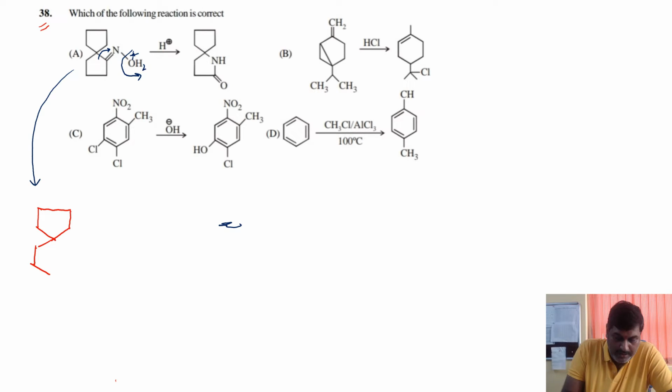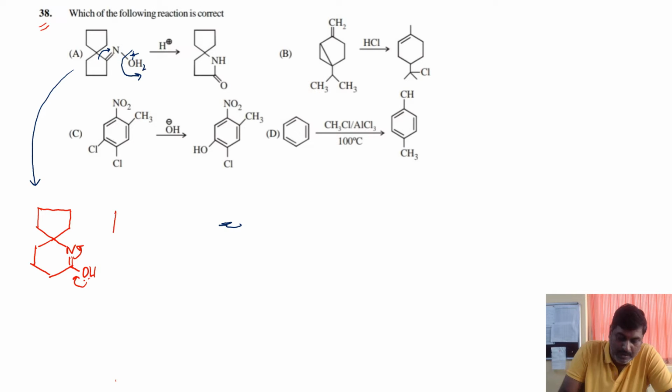Initially it's the nitrogen which will be there, then the double bond, and the positive charge here, and then the H2O will attack, and in place of this the OH group will come. I have reduced some of the steps. So you can remove the positive charge, and then tautomerization takes place and you get the product.